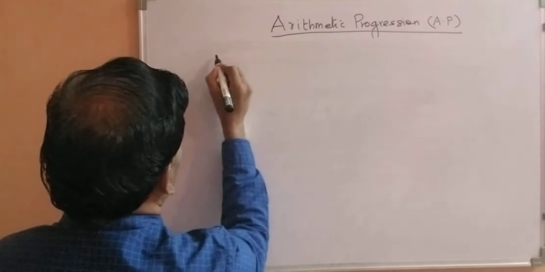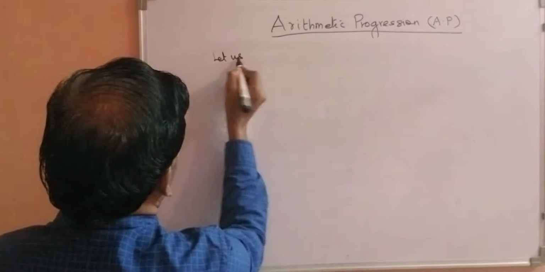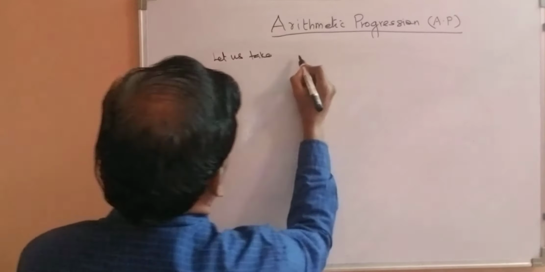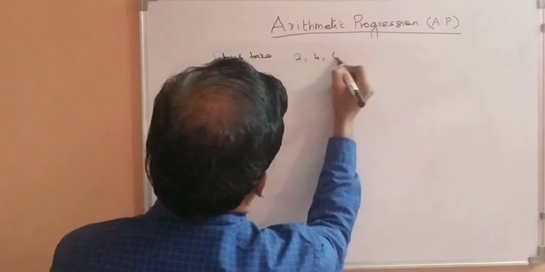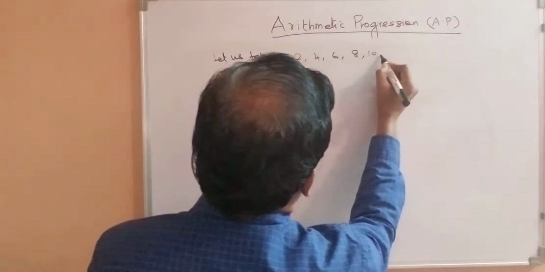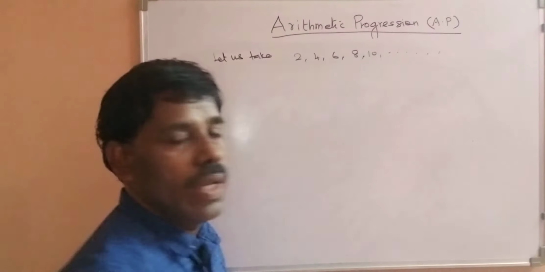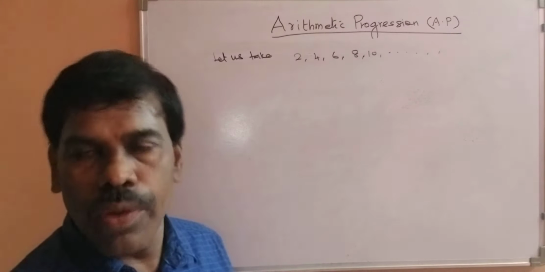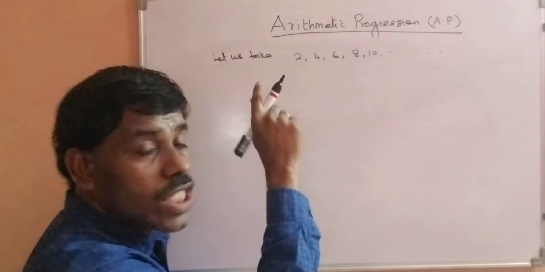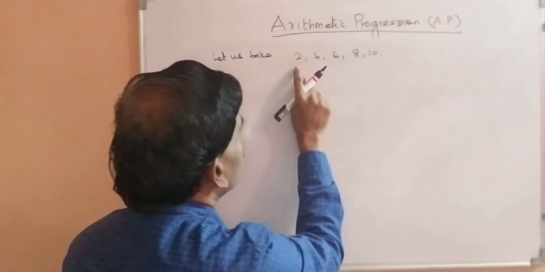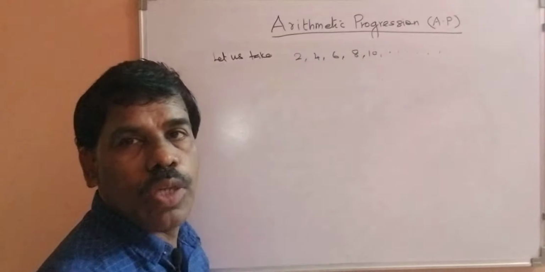Now, let us take 2, 4, 6, 8, 10, etc. It is an arithmetic progression. Okay. Now, each member is called a term of the sequence.